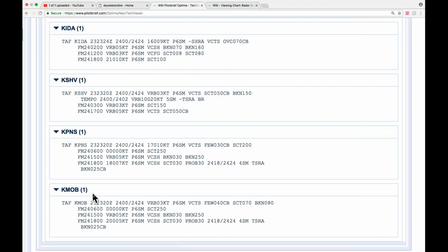But so altocumulus standing lenticular, ACSL, pretty important to know about because of the turbulence and the high speed winds and the wind shear. Towering cumulus would be the TCU, and then CB.